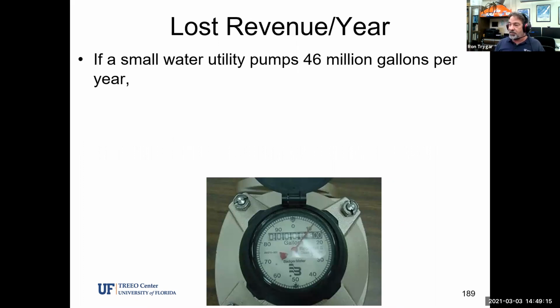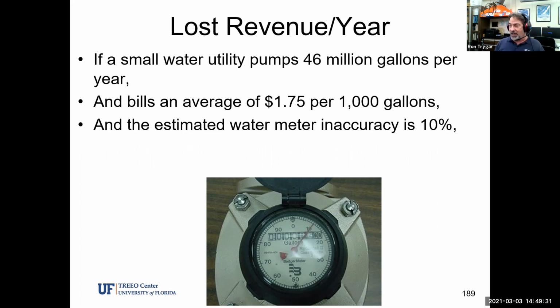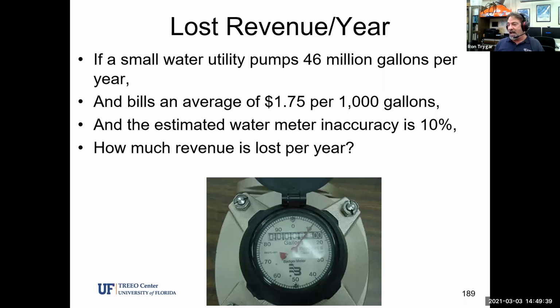If a small utility pumps 46 million gallons in a year, and they bill an average of $1.75 per 1,000 gallons, and the estimated meter inaccuracy is 10% on an average, how much revenue is lost per year?